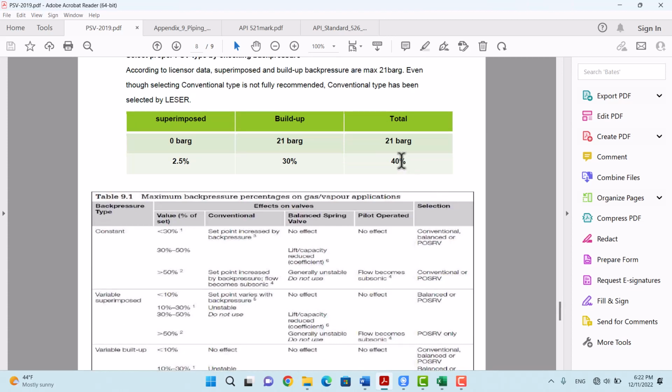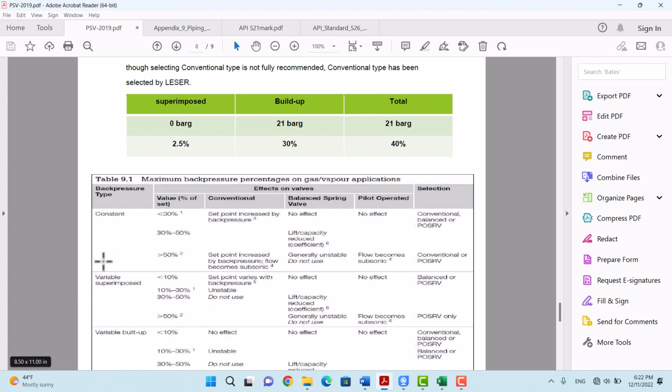Of course, as you can see here, the total back pressure is 40% of the set pressure. We have different back pressure types: constant, variable, superimposed, and variable built-up. Ours is a constant type because there is nothing downstream to change the back pressure; it is discharged to the atmosphere, and there are no restrictions that change the total back pressure.